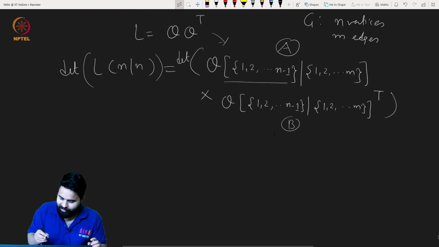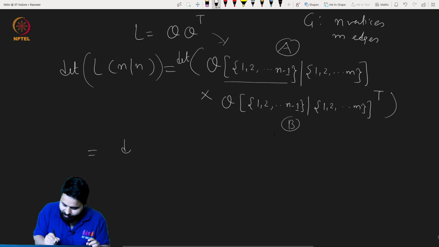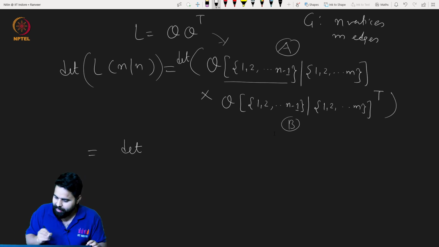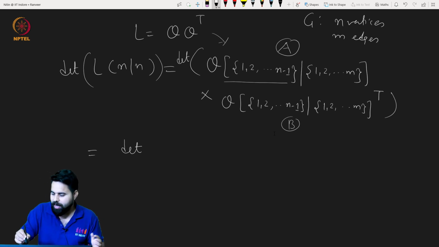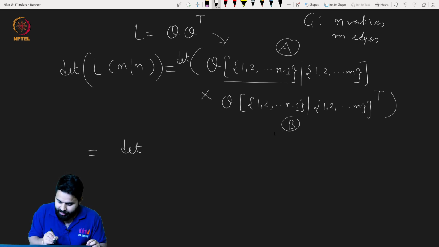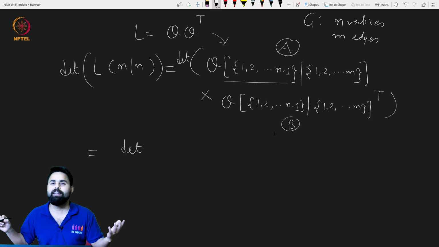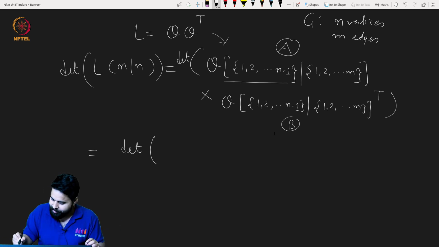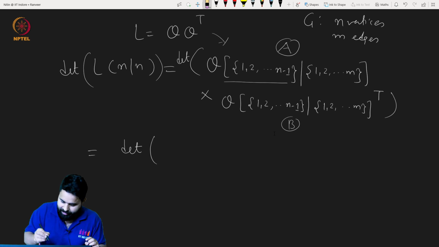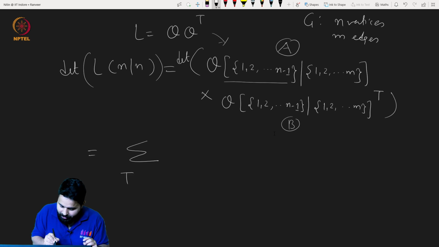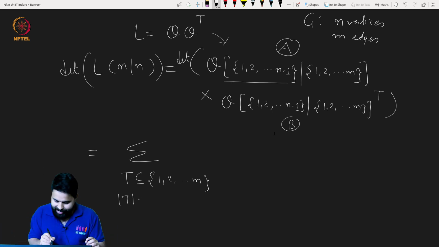So how can we write this now? Assume this is A and this is B matrix. I will take the summation over all possible T, where T is a subset of 1, 2 up to m, such that T has size n minus 1.